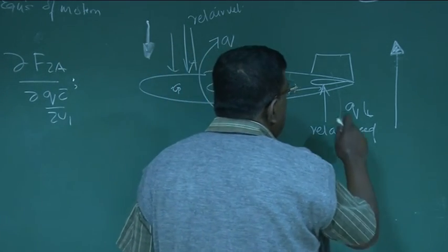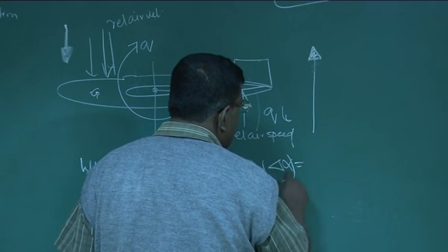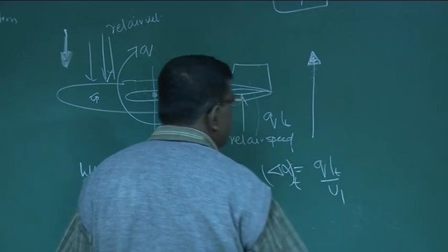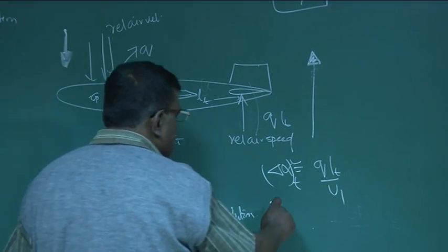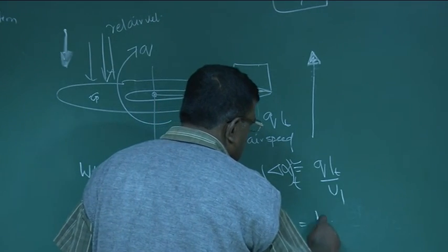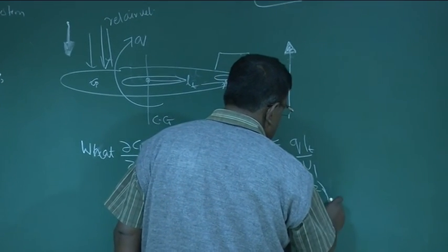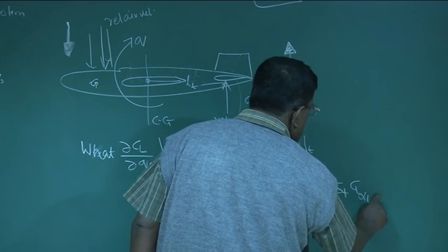So how do I find it out? Very simple. Because of Q, what is the delta alpha at the tail? Additional, it is Q LT by U1 approximately. Right? So what is the force on the tail? L tail will be half rho V square at tail into S tail into CL alpha tail into alpha.